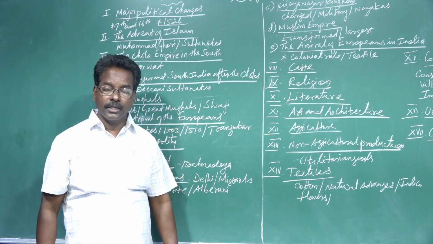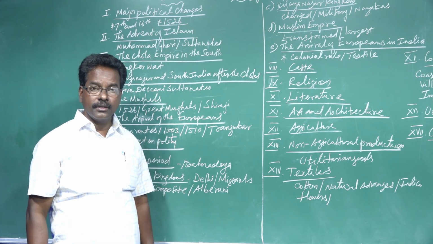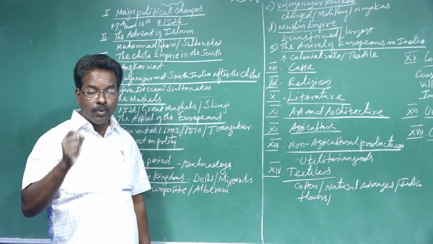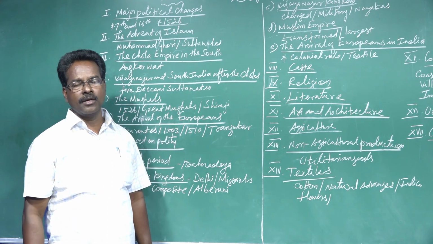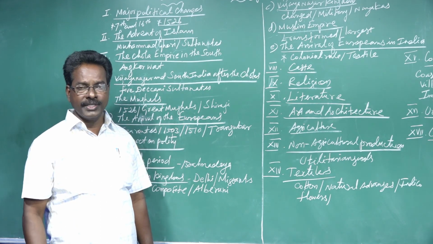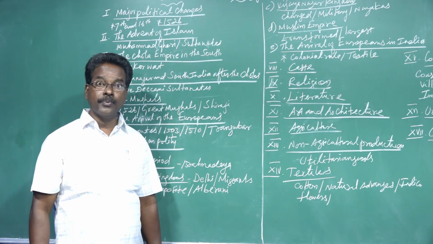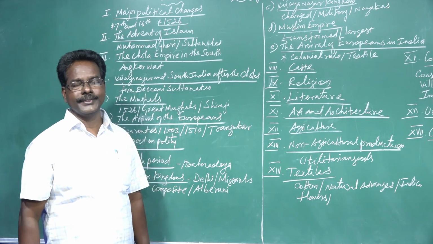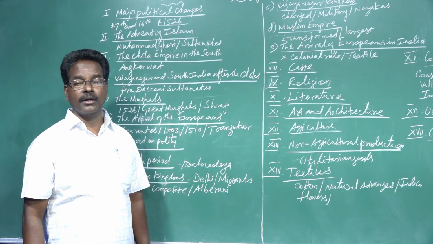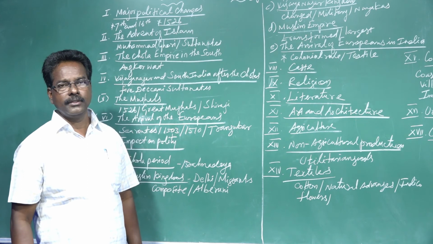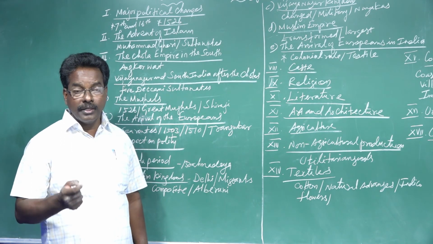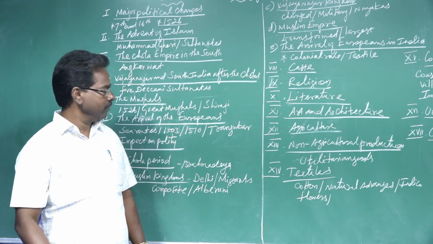When did the Portuguese establish their port? The Portuguese established their first port in Cochin in 1503. When did the Portuguese capture Goa? The Portuguese captured Goa in 1510, which became the center of the Portuguese state in India.